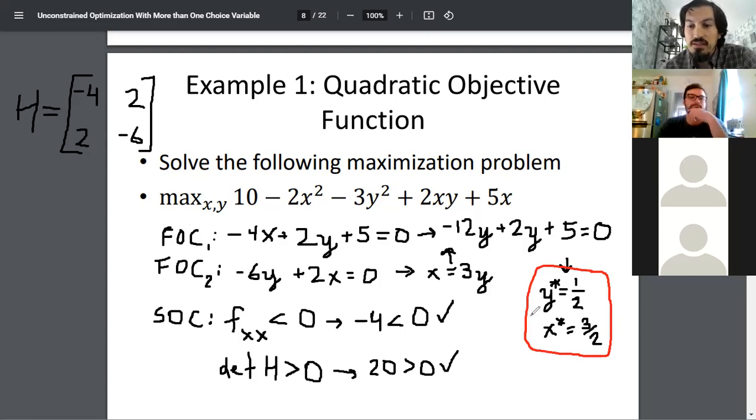So by virtue of these two checks, that means, I'll continue with my arrows, we know this is a local max. Local just means in a neighborhood of these points. How do I know it's a global max?